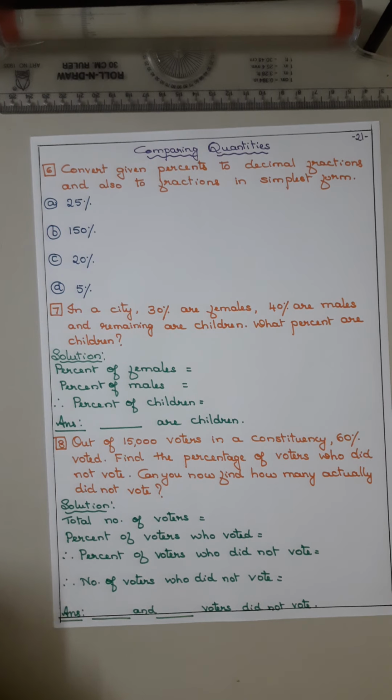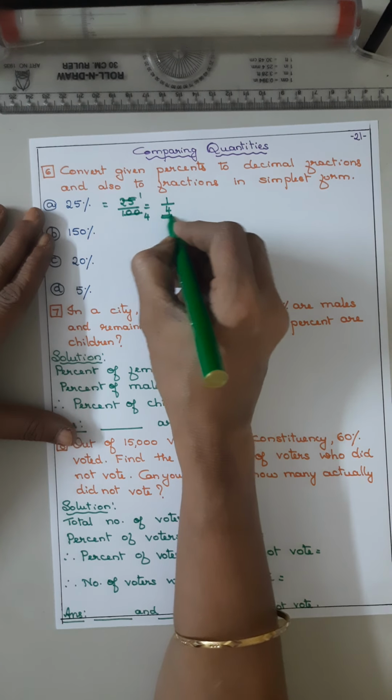So सबसे पहले परसेंट को डेसिमल फ्रैक्शन में कन्वर्ट करने का, फिर उसको सिंपलेस्ट में. ओके, नाउ 25% कैन बी रिटन एज 25 by 100, है ना. सो डेसिमल फ्रैक्शन में दिस इज डेसिमल फ्रैक्शन ओनली 25 by 100 एंड छोटा करने के लिए 25 ones are 25, 25 fours are 100. So answer is 1 by 4.